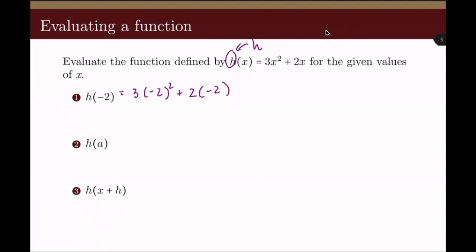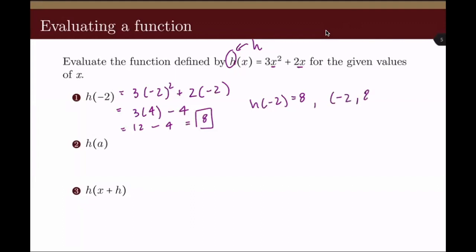So I've just put that -2 everywhere that I see an x. This is going to equal 3 times 4 minus 4, which is 12 minus 4, which is 8. So h at -2 is equal to 8. You could also write it as an ordered pair, which would be -2 comma 8.